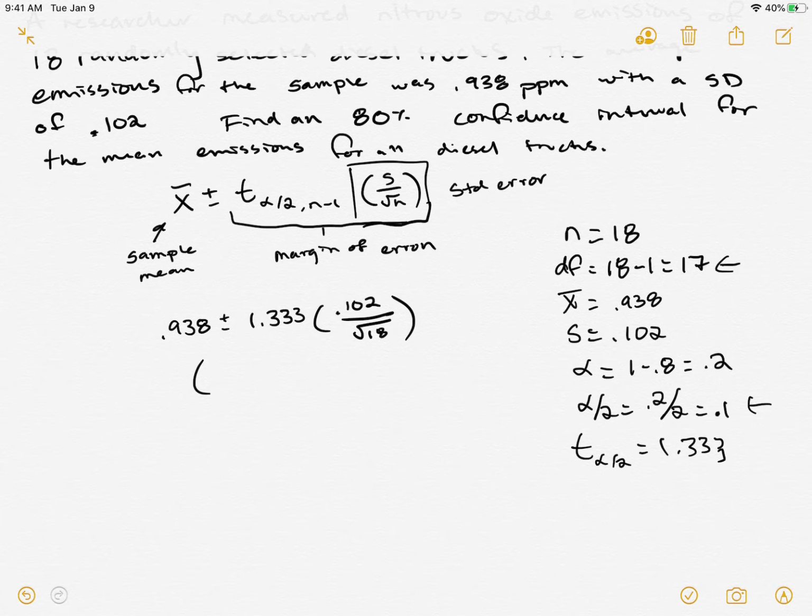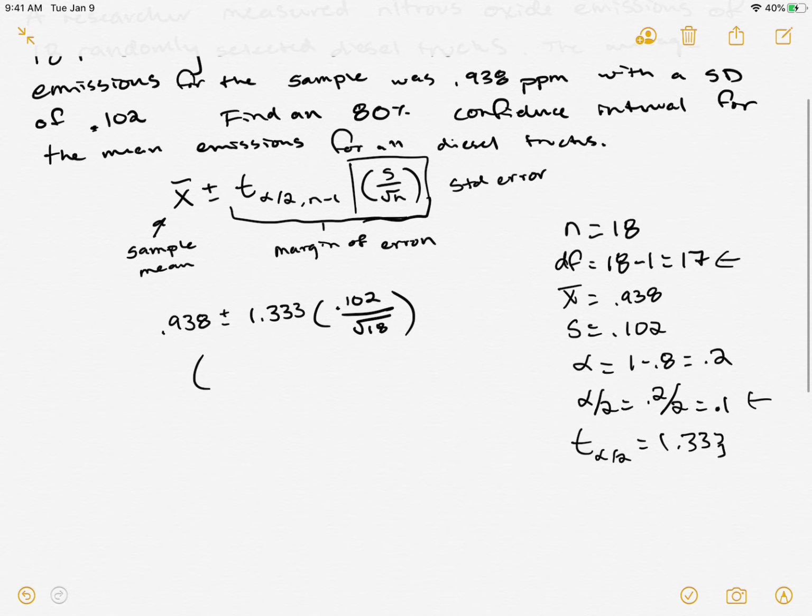I'll plug in 0.938 minus 1.333 times 0.102 over the square root of 18. The lower end is 0.906. For the higher end, we switch our subtraction to addition, and we get 0.970.